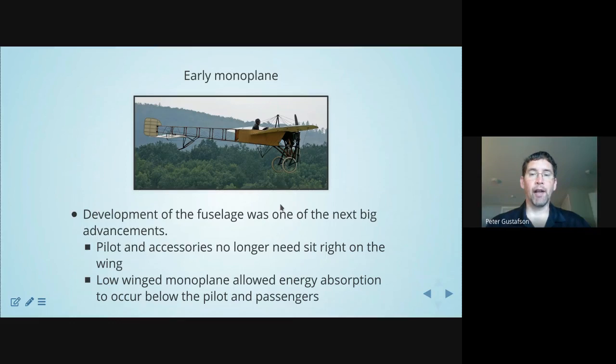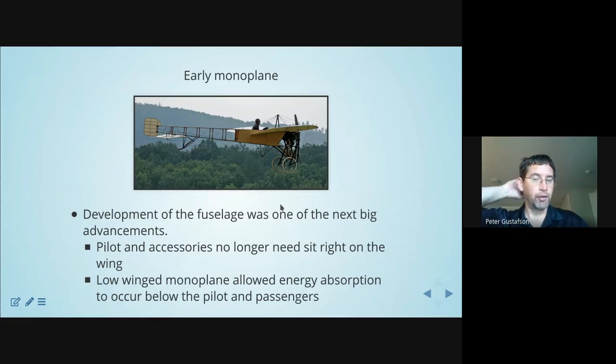So moving on, designers wanted to get back to having one wing as long as they could structurally carry the load. A second development that's seen here in this photo was the fuselage itself. The Wright brothers, if we went back and looked at that photo, were actually lying on top of the wing, so they didn't have much protective structure around them as occupants of the aircraft.